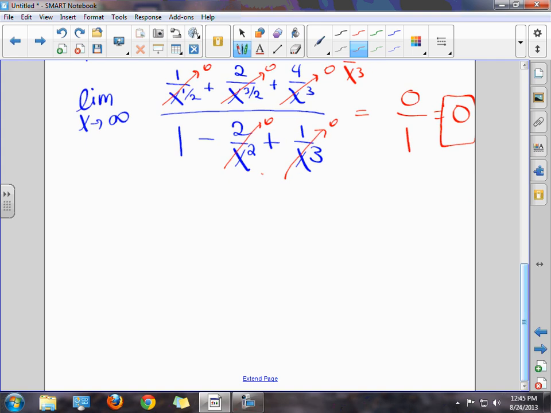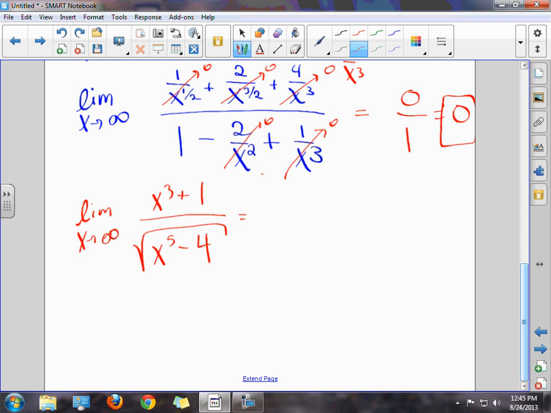So let's do a root problem. And let's talk about how the degree works when you have a root. Alright, so we're going to have x cubed plus 1 all over the square root of x to the 5th minus 4. So let's look at the denominator.